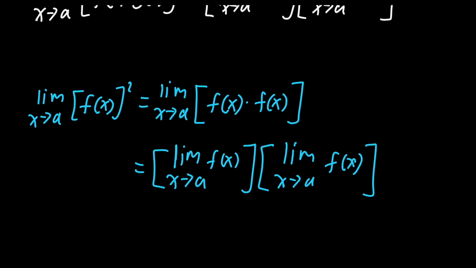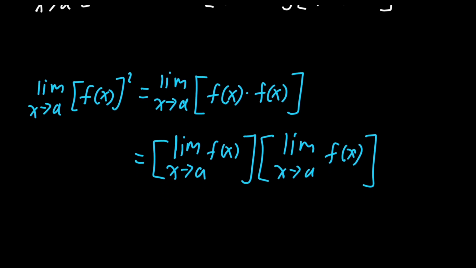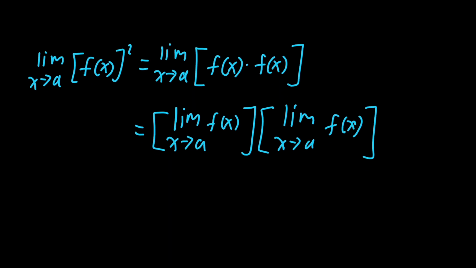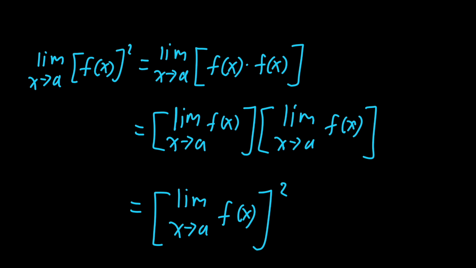Now, you may see that there are two square brackets, and inside them the elements are the same. So we can also rewrite it as the square bracket of the limit as x approaches a of f of x, to the power of 2. The main difference is that we enclose all this limit in the square bracket and then put the power.